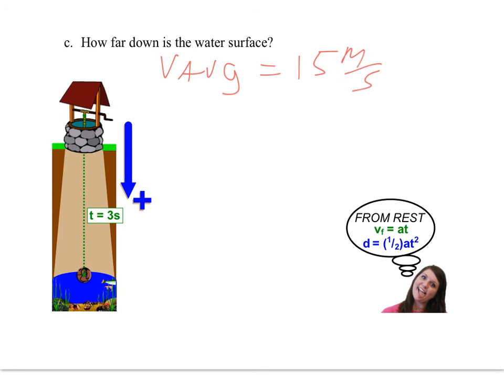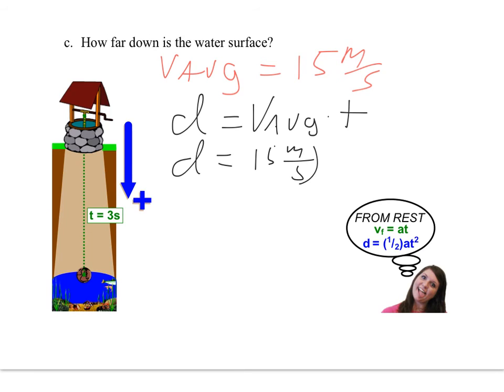We've seen this a couple times now, where if we want to know how far, we just take that average velocity and multiply by the time. So D is equal to that 15 meters per second from part B times the time of 3 seconds. When we calculate here, we get a distance of 45 meters. There's nothing wrong with that. It's a perfectly correct answer.